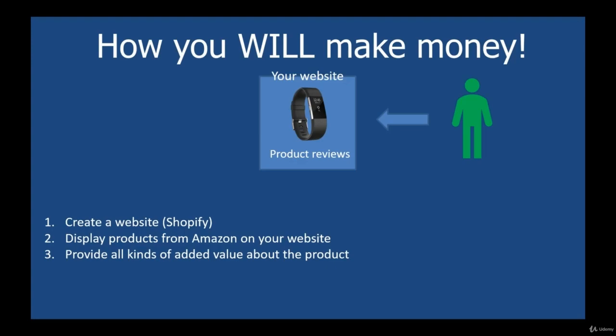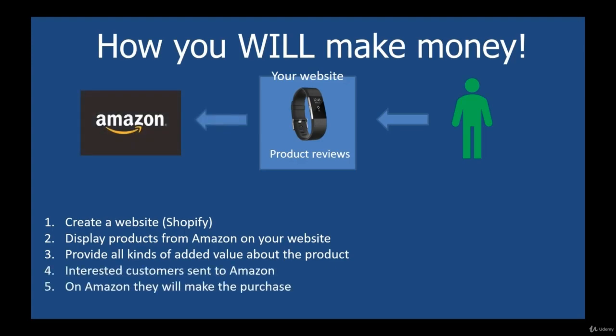And he's going to click on that on your website and be taken to Amazon, okay? This is the first time he arrives on Amazon, and we all know Amazon, and that's where he's going to make his purchase, on Amazon, okay? Not on your site. He will be buying it from Amazon. Now, when he buys it from Amazon, Amazon will then ship the product straight to him.